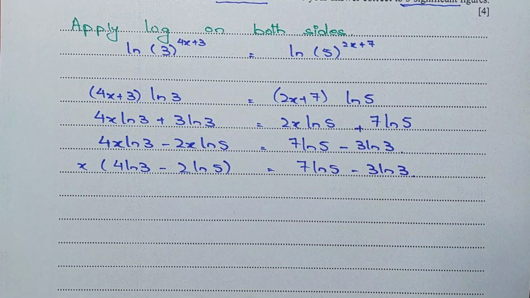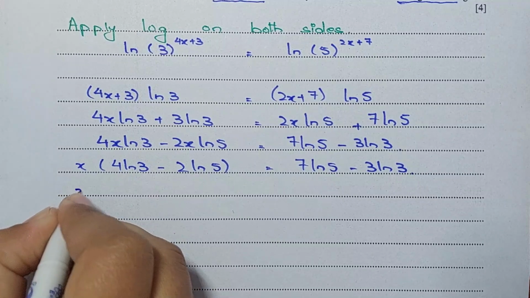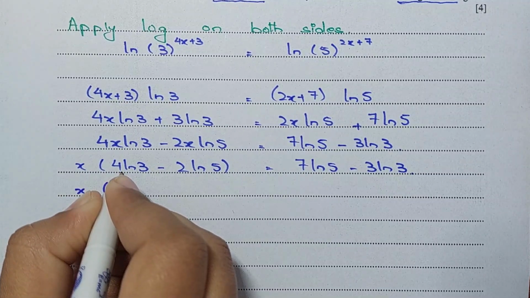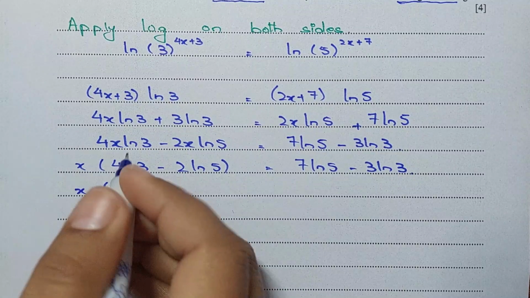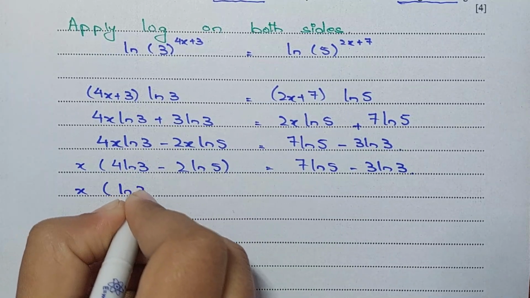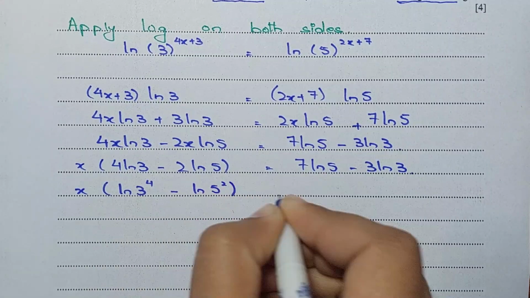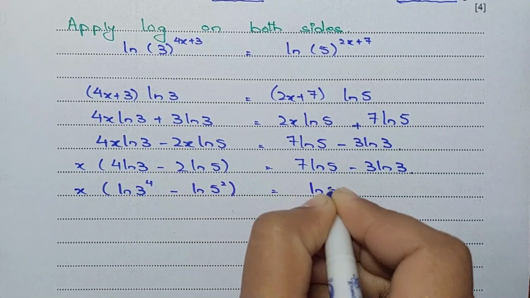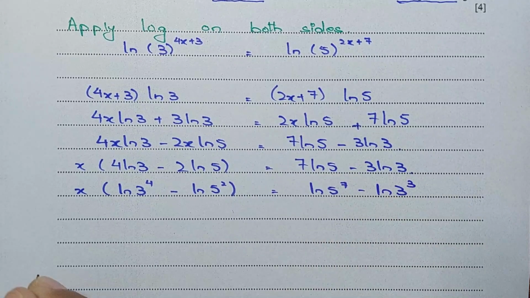Okay, now we need to solve for x. We can also use the power rule of log again. So here natural log 3 to the power 4 minus natural log 5 to the power 2, and natural log 5 to the power 7 minus natural log 3 to the power 3.